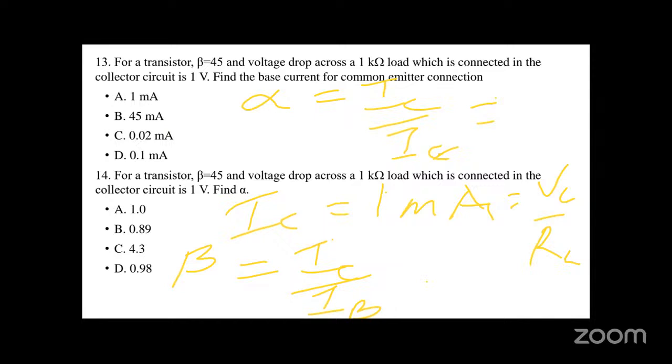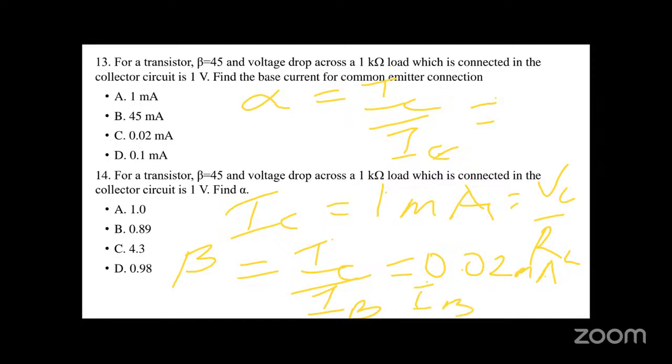IC over beta will give us IB, and that is 0.02 milliamp. That is 0.02 milliamp for IB.